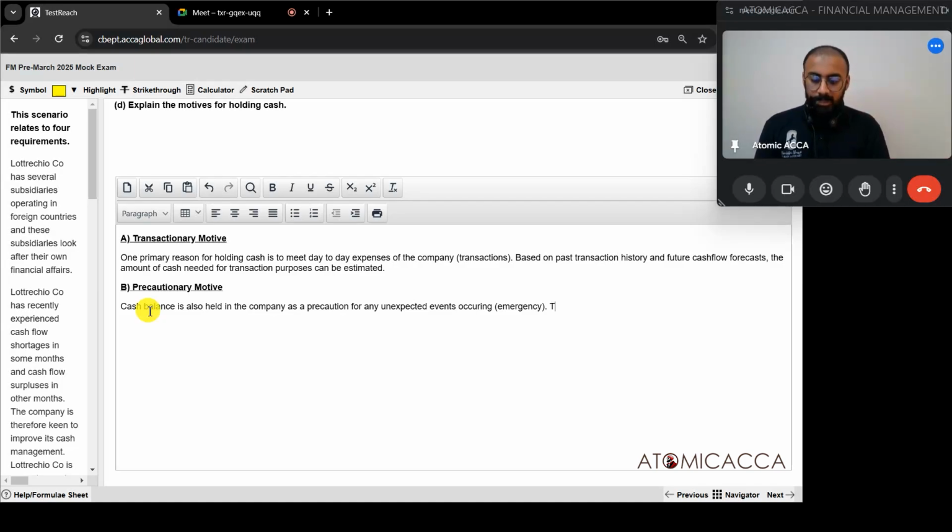So company can analyze the past unexpected payments that have occurred, analyze the possibility of this occurring in future, and based on other industry or on other company specific situations, estimations can be created and a bulk and a buffer cash can be stored within company.